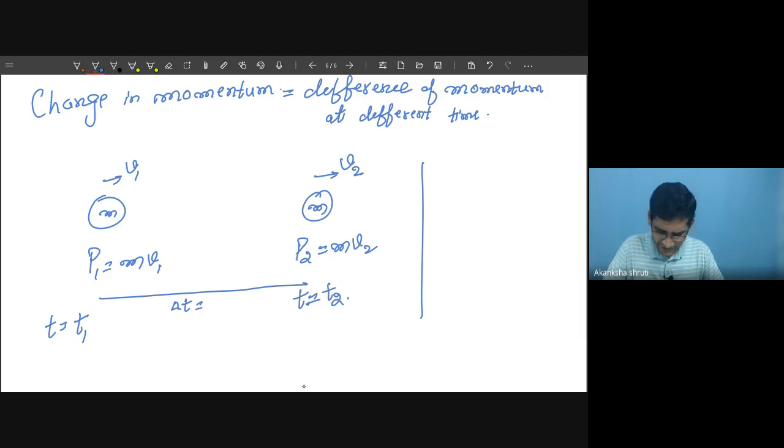The time interval delta t is given by t2 minus t1. In chapter 1, we learned this time interval may be simply denoted by t itself.